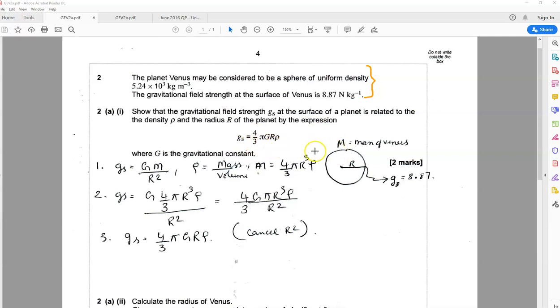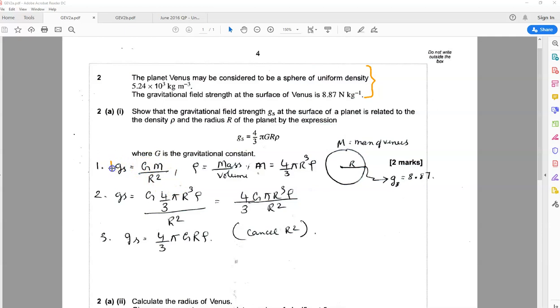And these type of questions are very easy. You can easily get 2 marks if you understand this question. Now in my earlier videos, we know the definition or the formula to find the gravitational field. We know that gravitational field is equal to GM by r squared, where r is the distance from the center.